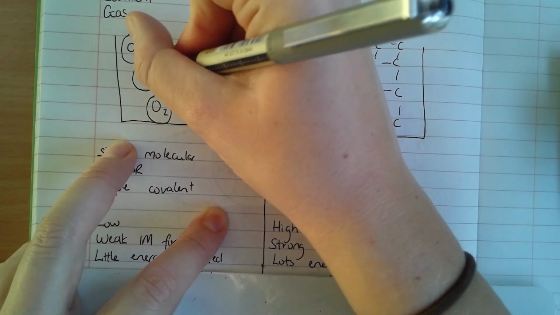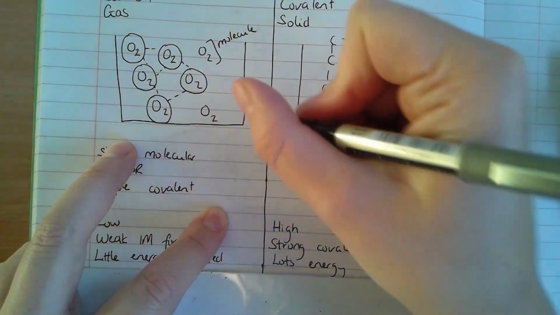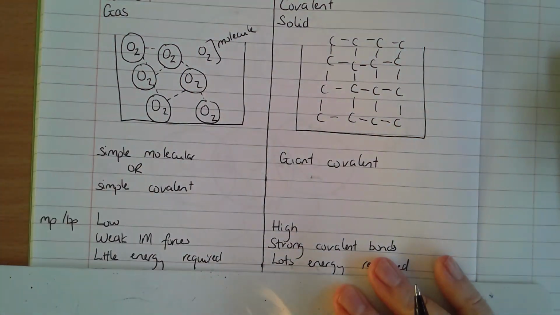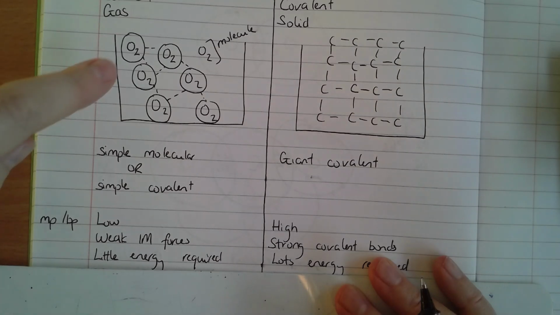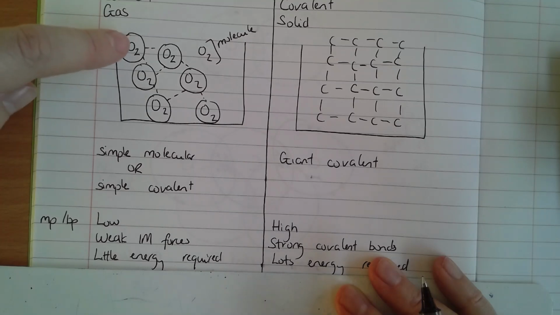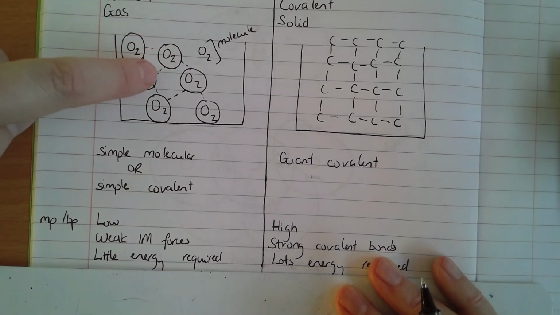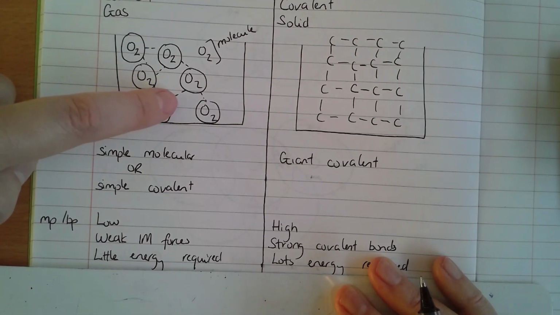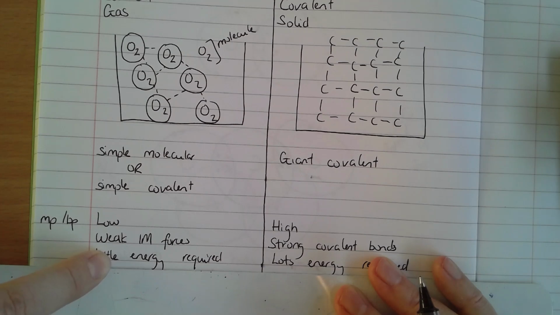All of these molecules are attracted to each other by what we call weak intermolecular forces. And when you're trying to melt or boil oxygen, they're the forces that break. There are strong covalent bonds holding the 2 oxygen atoms together, but because we also have weak forces present, when you melt or boil it, it's the weak forces that are going to break, and they don't require much energy.